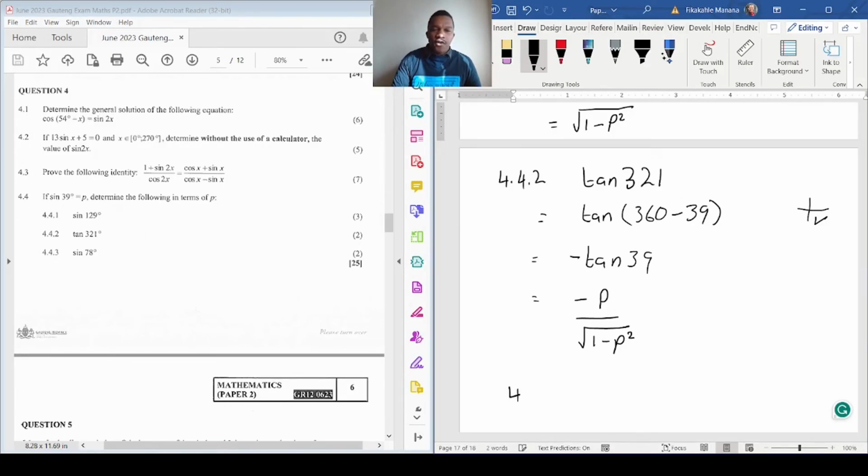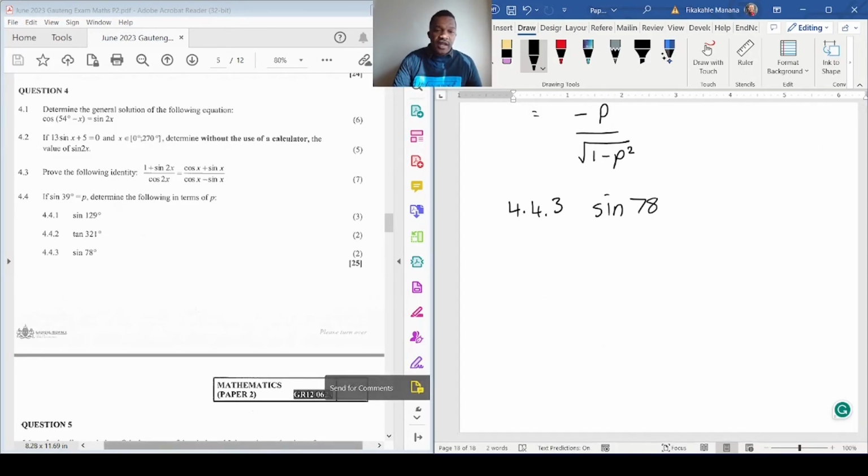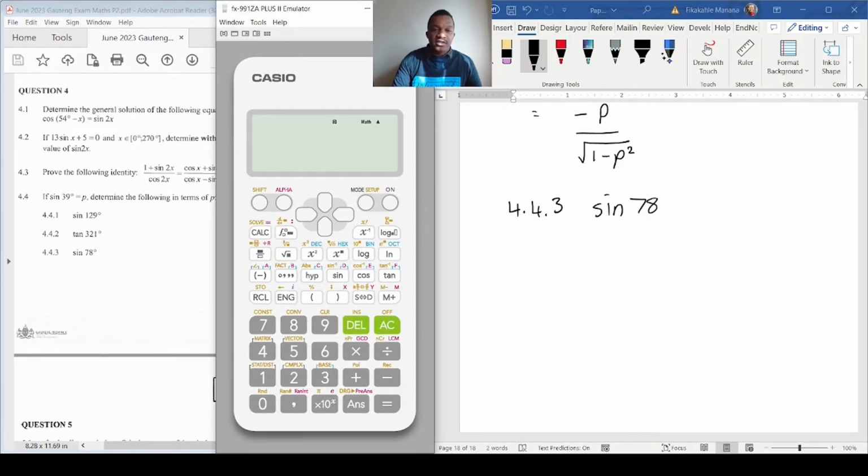Let's go for 4.4.3 now. We have sine 78. We have to rewrite 78. Now, if I say 90 minus 39, that will not give me 78. It gives me 51.